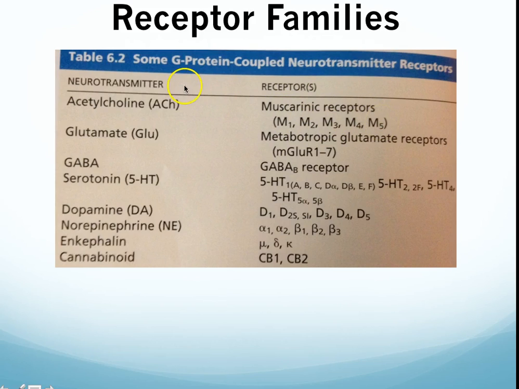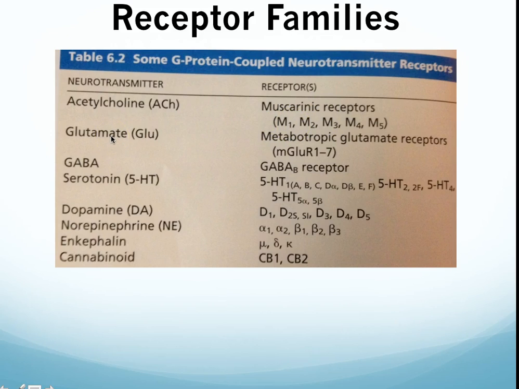So acetylcholine by itself can regulate cells in lots and lots of different ways, because it can not only open channels directly, but it can also activate different types of second messenger cascades. And depending on which type of cell in which region that particular type of receptor is, it's going to cause a different effect.